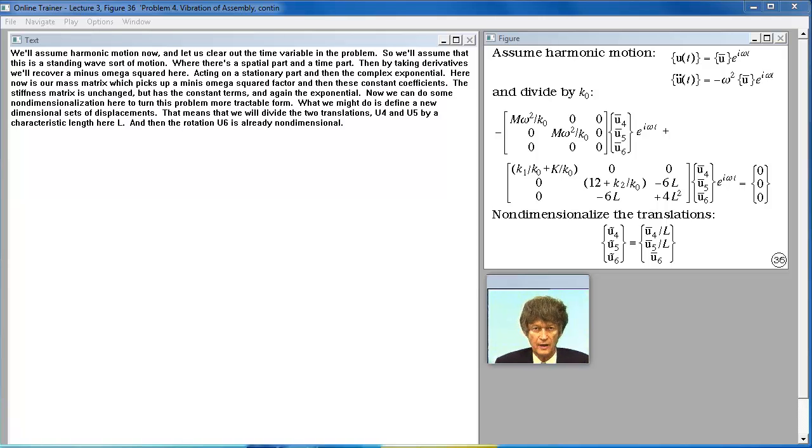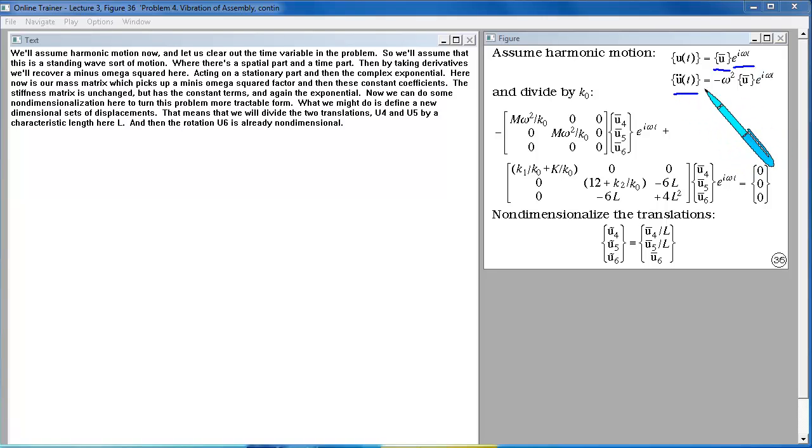We'll assume harmonic motion now, and let us clear out the time variable in the problem. So we'll assume that this is a standing wave sort of motion where there's a spatial part and a time part. Then by taking derivatives, we'll recover a minus omega squared here, acting on a stationary part and then the complex exponential.